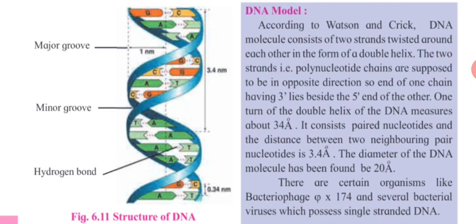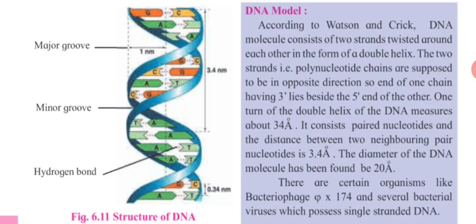One turn of the double helix of DNA measures about 34 angstrom, and this turn contains 10 base pairs. So the distance between two base pairs is 3.4 angstrom. It consists of paired nucleotides and the distance between two neighboring pairs of nucleotides is 3.4 angstrom. The diameter of the DNA molecule is about 20 angstrom.